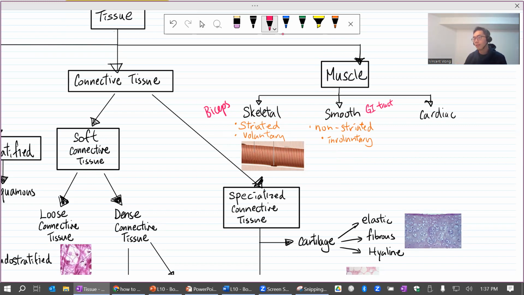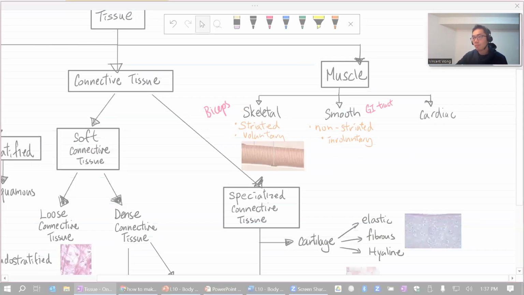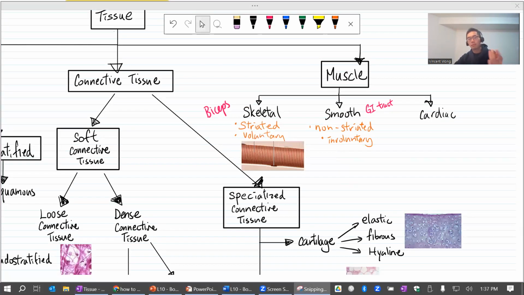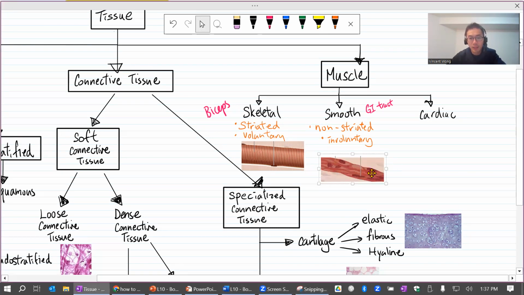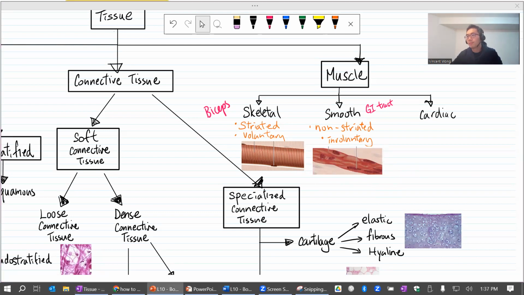You don't control that. It continues to push the food even when you're sleeping. You don't have to have conscious input. So that's a smooth muscle. You can also have smooth muscle in your urinary bladder. When you need to pee, the muscle squeezes on the bladder and it comes out.